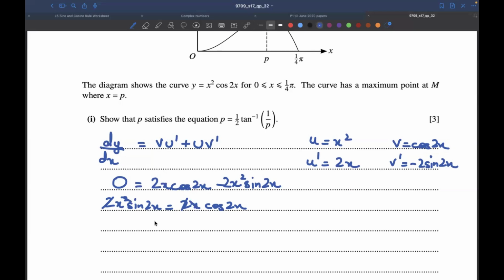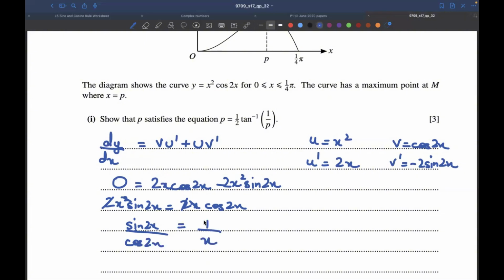And we can write it as, so we have to bring tan. So sine 2x upon cos 2x, that will become tan 2x. And we can bring this x on this side, so this will become 1 upon x.